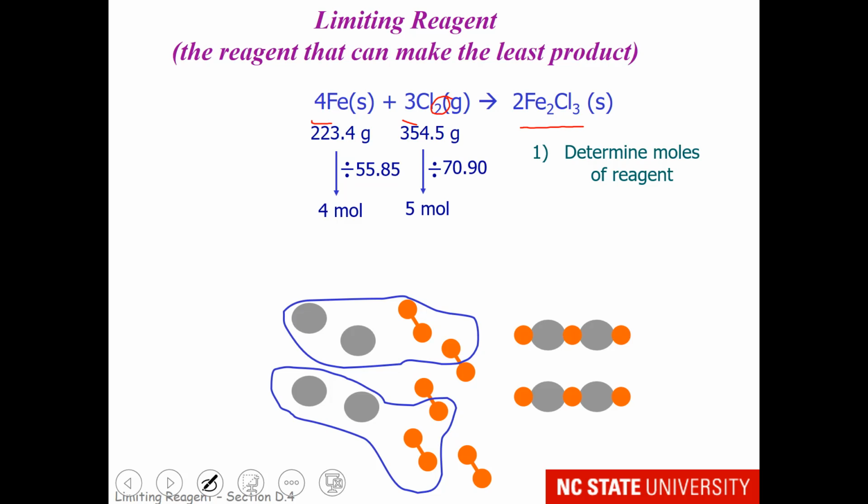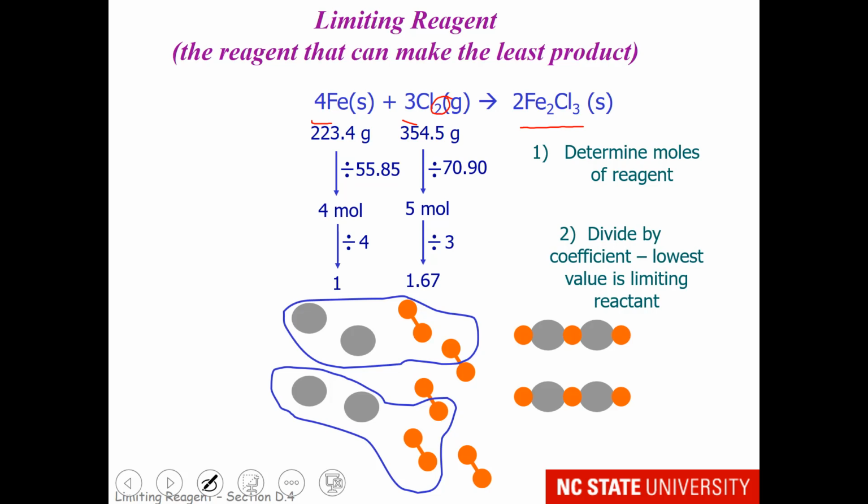Now, for those of you going on to Chemistry 201, which is the second semester, you're better off learning to do this method by what's known as ICE tables. In order to do your ICE table, first you determine your limiting reactant. So what you're going to do is divide each one of these molar amounts by its coefficient. You notice a 4 in front of the iron, so I'm going to divide by 4.